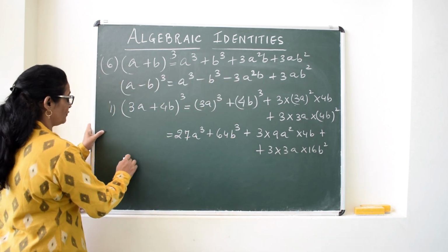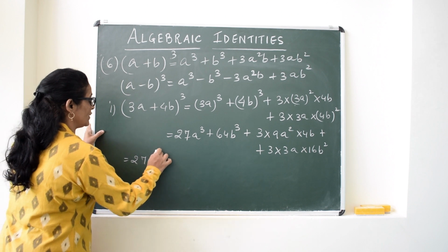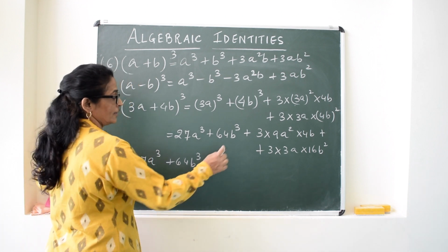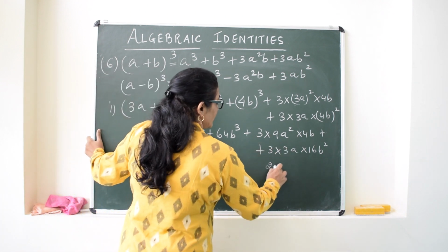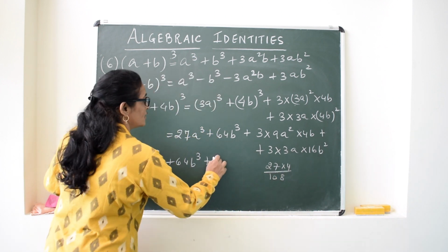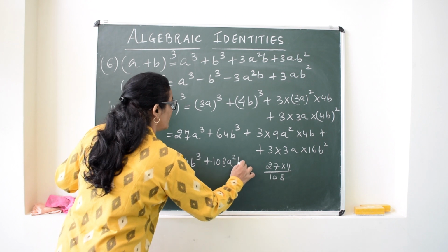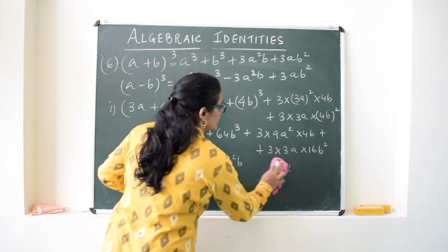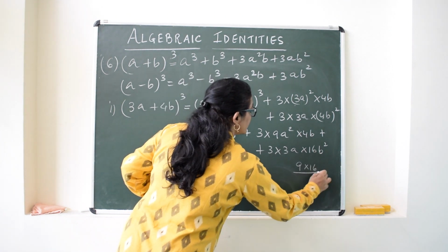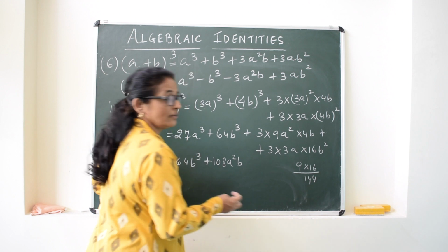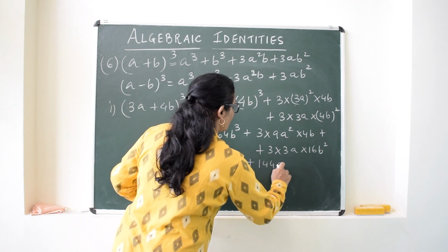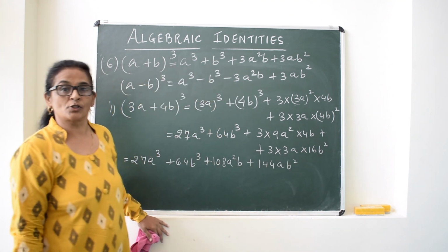So ultimately it will be 27a cube plus 64b cube plus 3 into 9 is 27, 27 into 4 is 108, so 108a square b, plus 3 into 3 is 9, 9 into 16 is 144, so plus 144ab square.